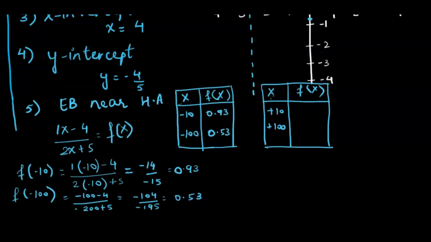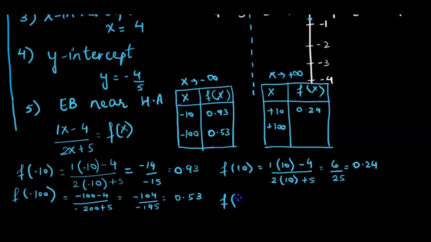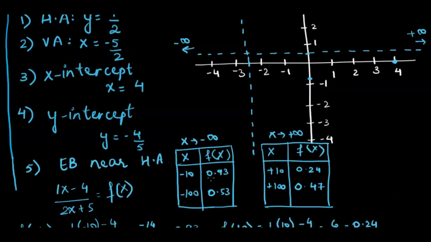Similarly, we can solve for the right table. Here x is approaching negative infinity and here x is approaching positive infinity. f(10) is equal to 0.24, and f(100) is equal to 0.47. Now using these points, we know when x approaches negative infinity, the y value is going smaller.